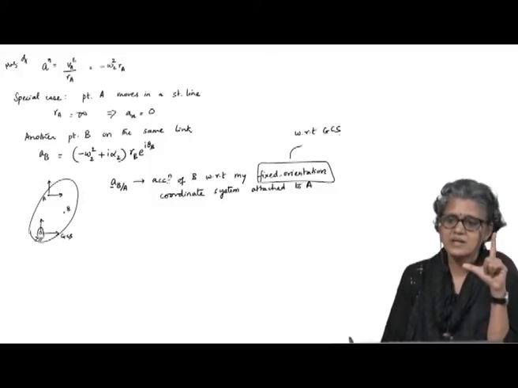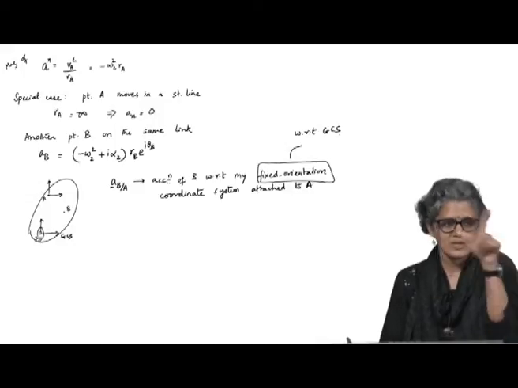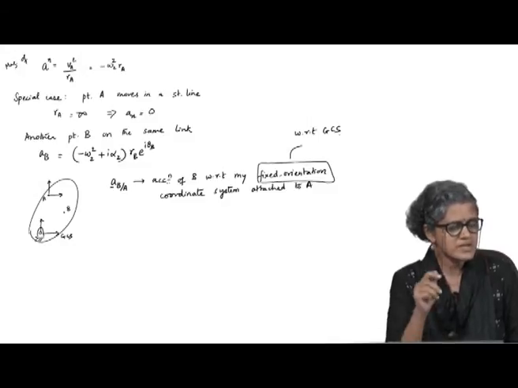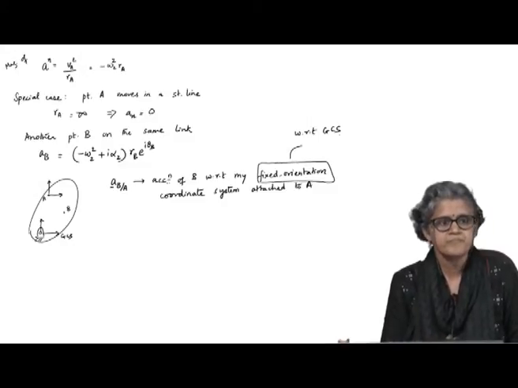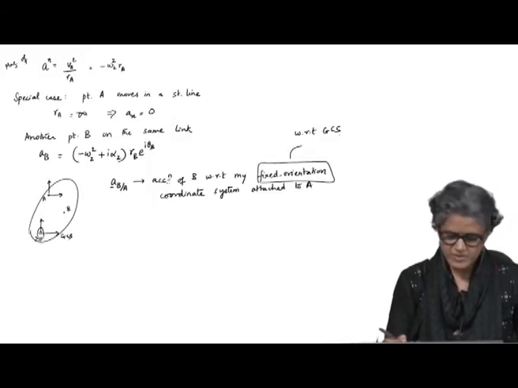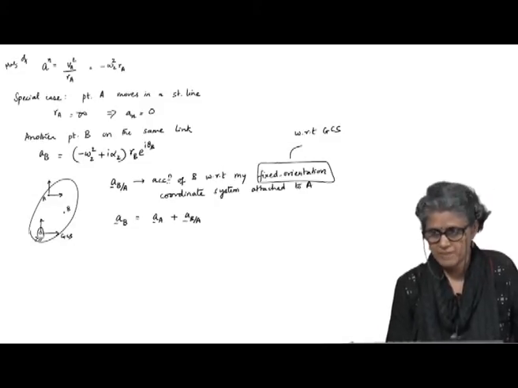It remains parallel to the ground coordinate system and does not change its orientation with respect to time. Typically, you take them as parallel. So I can write this as the acceleration of B relative to A.